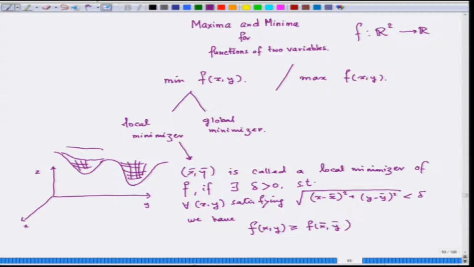If this relation holds, x bar y bar is called a local minimum. This concept of strictness you will not find in standard calculus textbooks, but that is what actually happens when you do a second order check, which you will soon see.